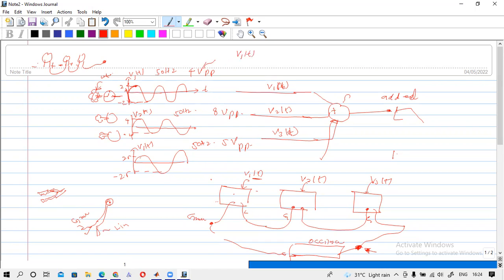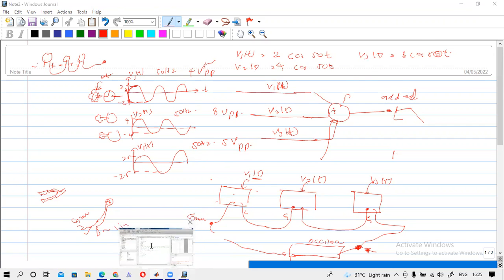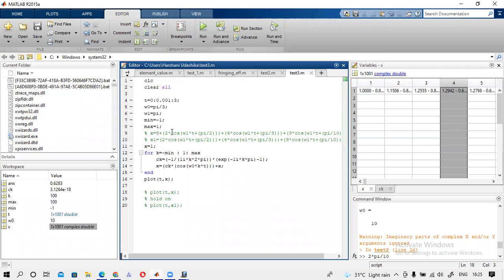V1(t) is 2 cos 50t, V2(t) is 4 cos 50t, V3(t) is 8 cos 50t. We will see what kind of signal we get here.